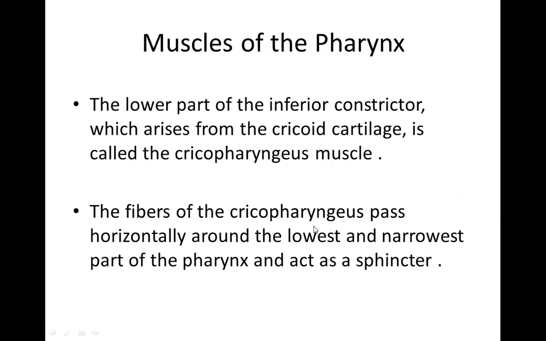So, as we mentioned, the lower part of the inferior constrictor, which arises from the cricoid cartilage, is called the cricopharyngeus muscle. The fibers of this muscle pass horizontally around the lowest and narrowest part of the pharynx and act as a sphincter.